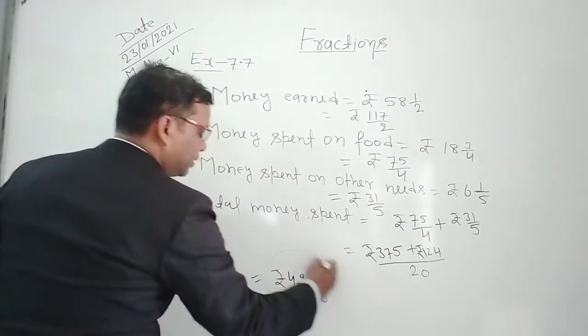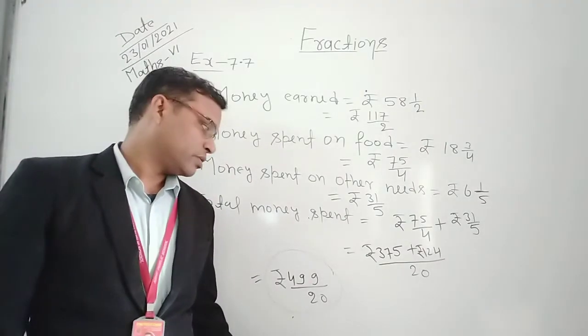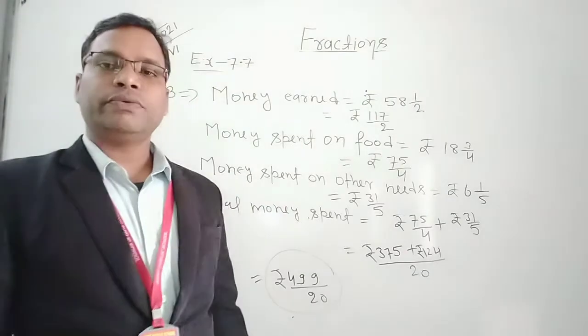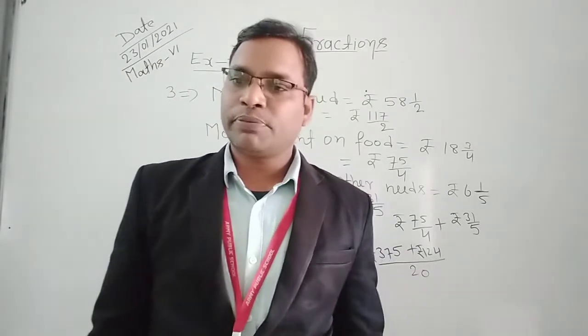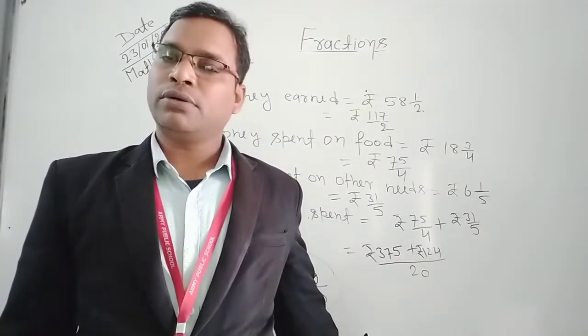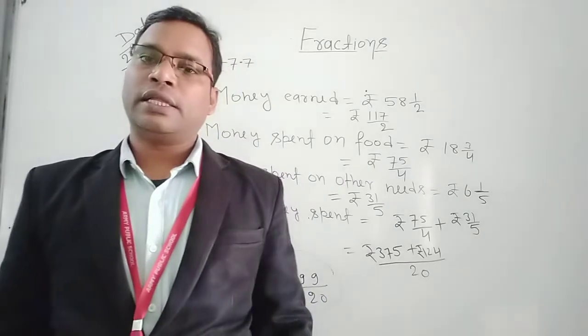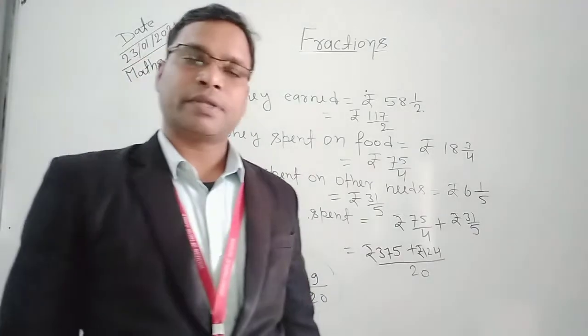This amount of money is spent by the laborer. Okay. So now we need to find the money left with him. If you subtract this amount from the amount earned by the laborer, then we will get the money left with him.